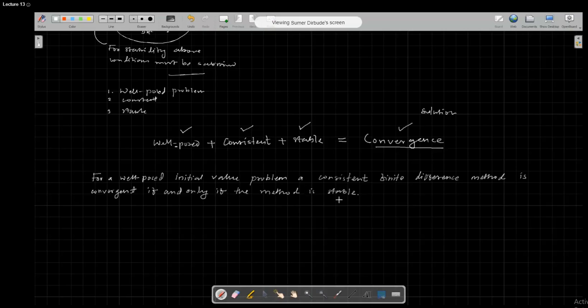If it is well posed and consistent and the method is not stable, you will not get solutions. And this theorem is called the Lax theorem, the Lax equivalence theorem.